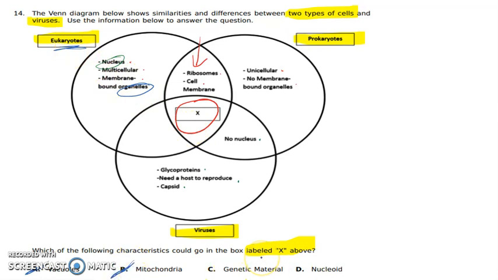C, genetic material. Remember that genetic material is going to be DNA or RNA. It's going to be the instructions that cells and viruses both have that's necessary for them. So that is a possibility. And then D, nucleoid. The nucleoid is just going to be a region in prokaryotes where their DNA is found.